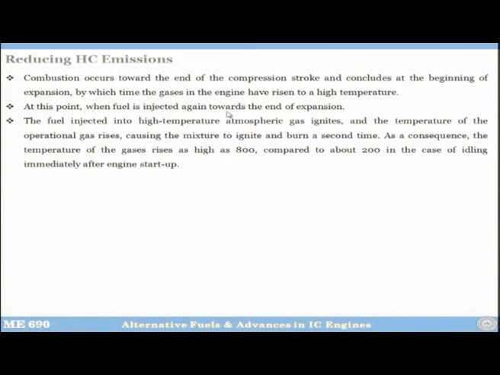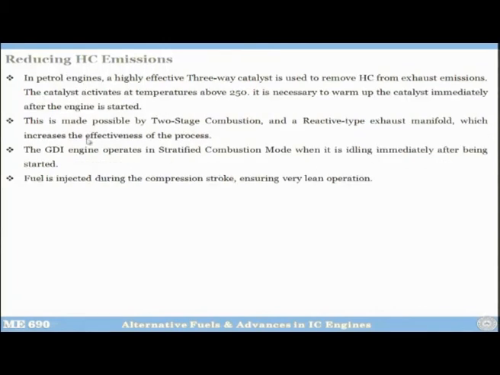At this point, when the fuel is injected again towards the end of the expansion or beginning of the exhaust stroke, the fuel is injected into the high temperature gas and it ignites, and the temperature of the gas rises, causing the mixture to ignite again and burn a second time, but it does not produce any work. Okay. So, as a consequence, the temperature of the gas rises to as high as 800 compared to 200 in case of idling immediately after the startup.